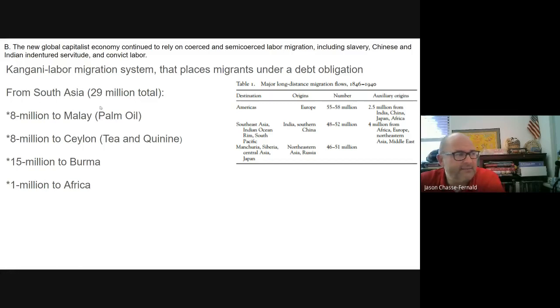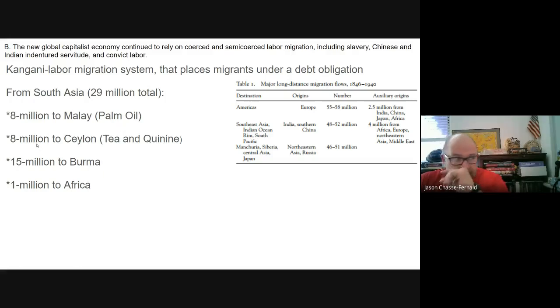These numbers look at immigration from South Asia, so modern-day Pakistan, India, Bangladesh, etc. About 8 million migrants from South Asia during this period. From 1846 to about World War II, about 8 million are going to migrate into Malaya to work on the palm oil plantations.